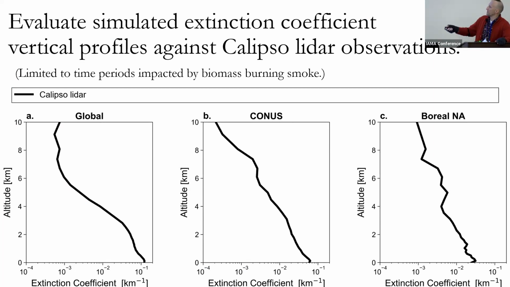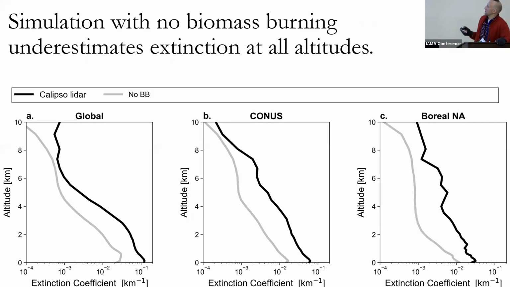What's shown here is the extinction profile from Calypso as a function of height, from the boundary layer through the lower free troposphere to the upper troposphere, for global, for the contiguous US, as well as boreal North America, so Alaska and Canada. This is for a simulation where we have no smoke on.